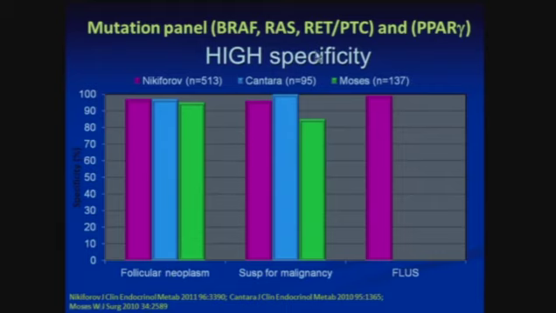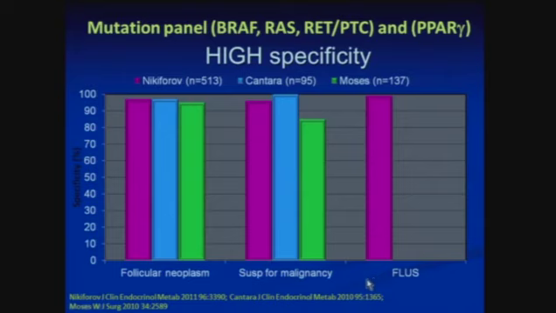The Kantara and the Moses looked at these genetic rearrangements, and the Nikiforov group also considered this. And you'll notice that this was a very high specificity test. That is, when a particular nodule tested positive for the panel of gene mutation, with very high likelihood it proved to be a thyroid cancer. So very useful in particular for counseling patients who had follicular neoplasm and FLUS, including the PPAR gamma, before operation.